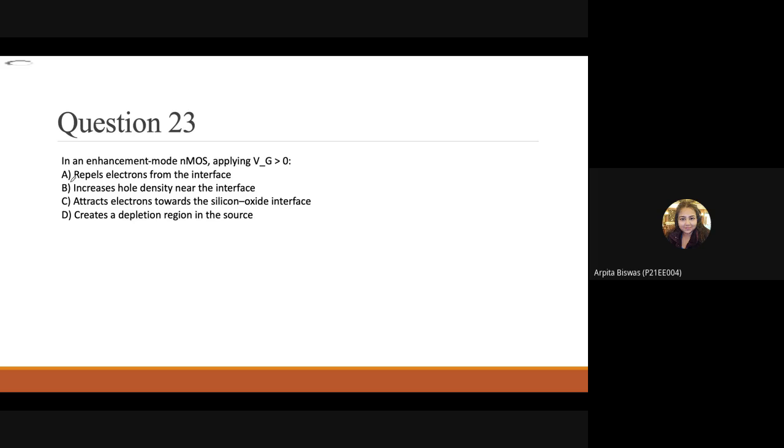In an enhancement mode NMOS, applying VGS greater than 0: first option is repels the electrons from the interface. Option B increases the hole density near the interface. Option C is attracts the electrons towards the silicon oxide interface. And option D is creates a depletion region in the source.